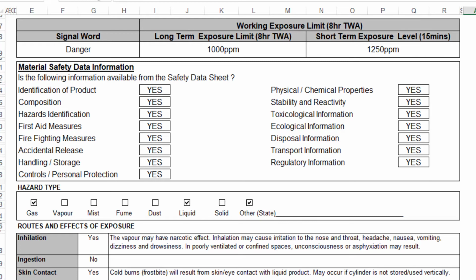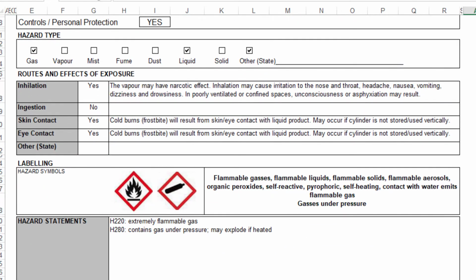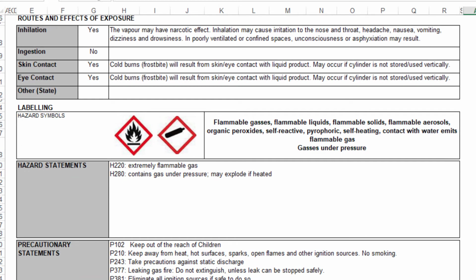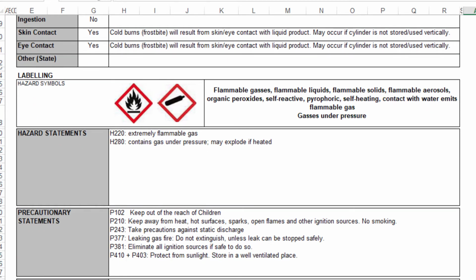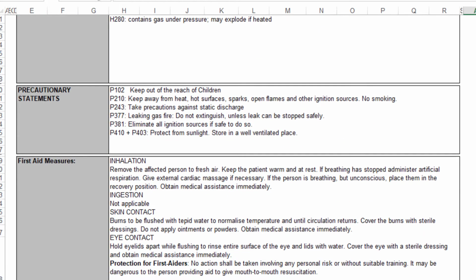and eye contact. We've captured the hazard symbols taken from the safety data sheet and described them, and we've also identified the hazard and precautionary statements from the safety data sheet and the first aid measures to be taken.